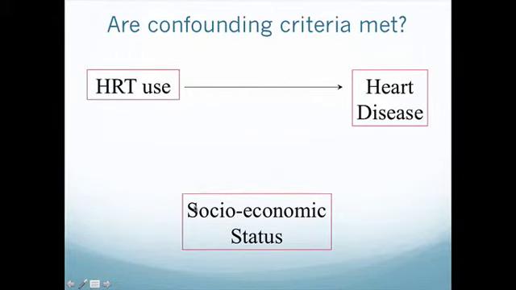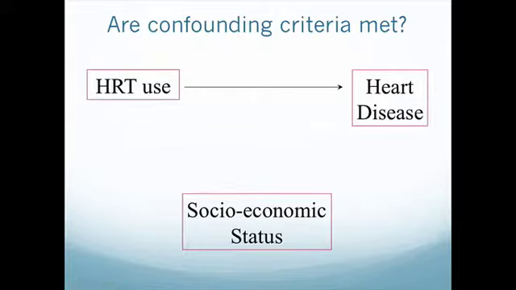Okay, so let me go through a few examples, and this is, as you may imagine, much more entertaining if we were in a class and we could talk about these things, but I'll talk through my perspectives on it, and you can decide if you agree with me or not and email me. So we have our exposure, which is hormone replacement therapy. You may not remember, but way back we talked about hormone replacement therapy.